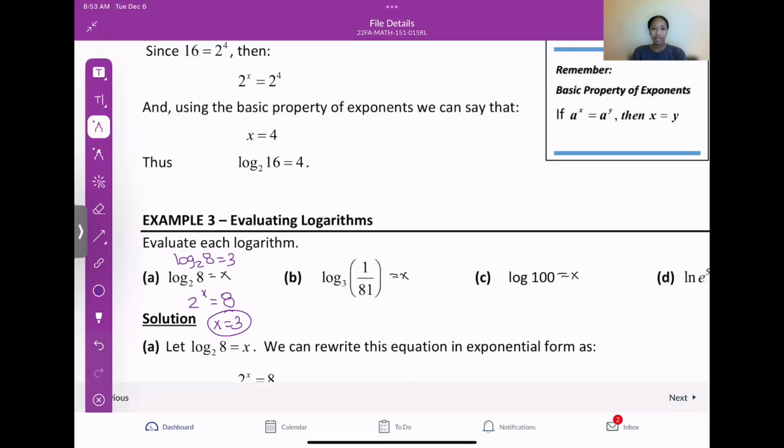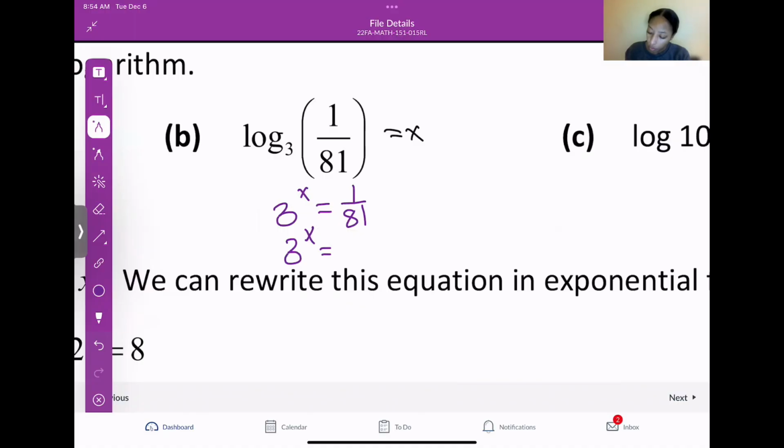All right, and we can use the same kind of idea for the rest of them. Log base 3 of 1 over 81 equals x. This is 3 to the x power equals 1 over 81. For 1 over 81, we know that 81 is 3 to the 4th power. So this is 3 to the x equals 1 over 3 to the 4th power.